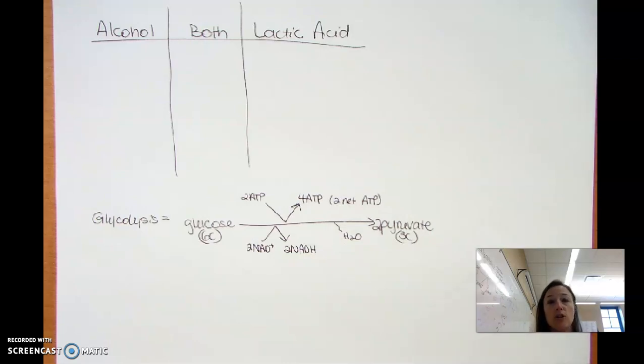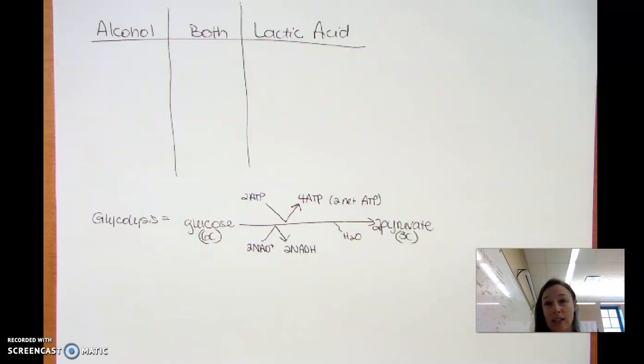If, however, you were to be under extreme circumstances, like you were working out really hard, where your cells are burning lots and lots of ATP because you're using a lot of energy to work out, but you're not breathing fast enough. I mean, when you work out, you do start to breathe faster, and that's because your cells need more oxygen, because they're doing respiration faster. But at some point, if you're working out hard enough, your lungs can't keep up. Some cells are still getting some oxygen because you're still breathing, and they'll keep doing aerobic.